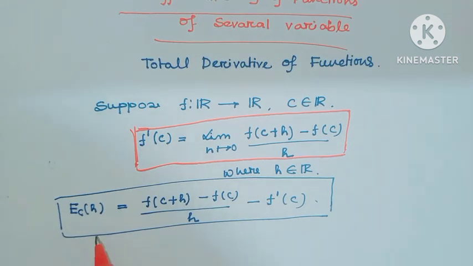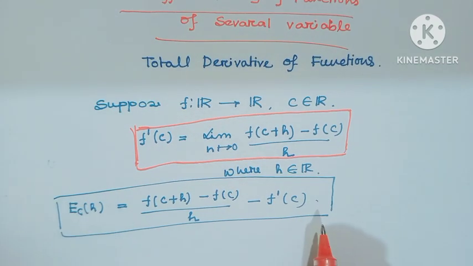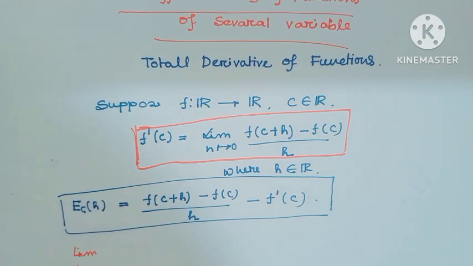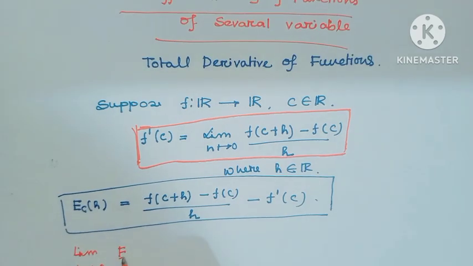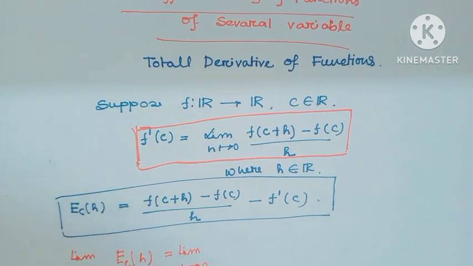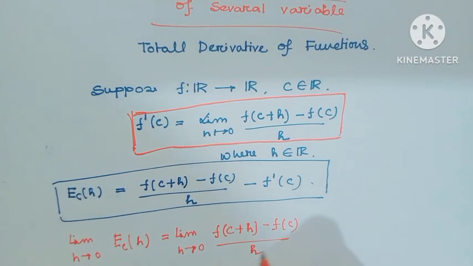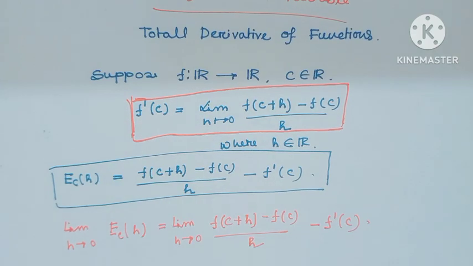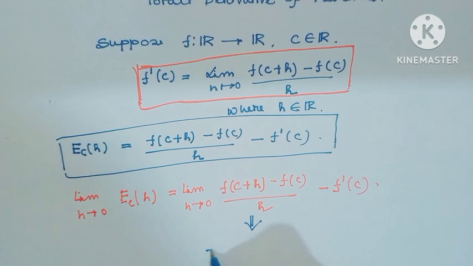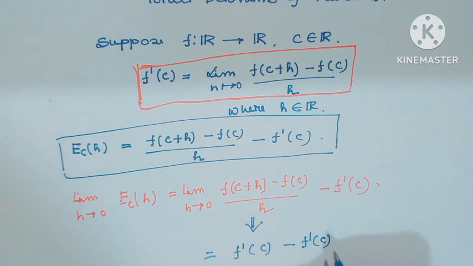Then the error term is defined as E_C(h) equal to (f of C plus h minus f of C) divided by h minus f prime C. Then limit h goes to 0 of E_C(h) is equal to limit h goes to 0 of (f of C plus h minus f of C) divided by h minus f prime C, and this means f prime C minus f prime C, that is equal to 0.